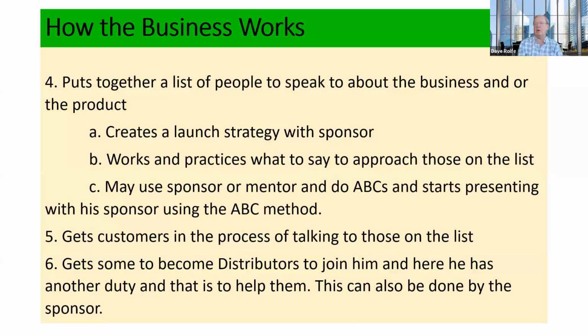So it's a great way to go. And you want to get together with your sponsor and learn all about how to set up an ABC. Number 5 is in this process, you're going to get customers, okay, going through the list, but the more you're also going to get distributors, and that's going to be the main focus. And this can also be done by your sponsor helping you and so on and so forth.